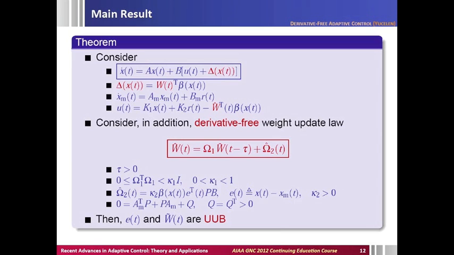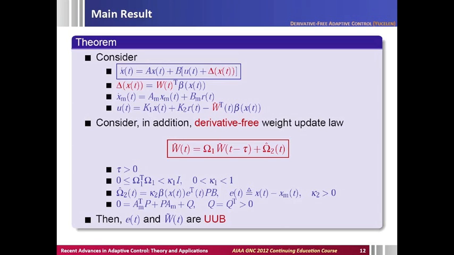So basically, omega-2 hat has the current information of the error. So it uses the past information of the weights to improve the performance, and also current information comes from the error signal simultaneously. So here tau, which looks like a time delay parameter, it is not now. It is a harmless design parameter which has an effect on the transient bounds and steady state bounds. We are going to discuss about that.